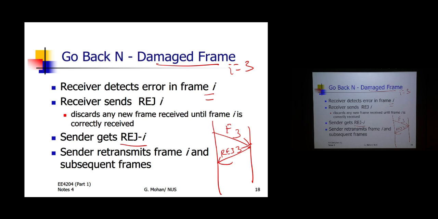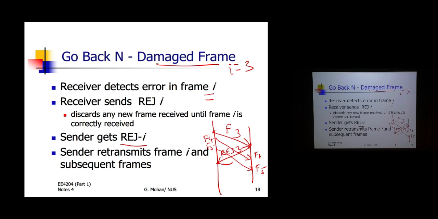At this time frame 3 was sent. At this time frame 3 was received. At this time reject 3 was received by the sender. In between, the sender might have transmitted, let's say, frame number 4 and frame number 5, because it's window based, before the sender receives reject 3. Frame 4 is received here, frame 5 is received here.